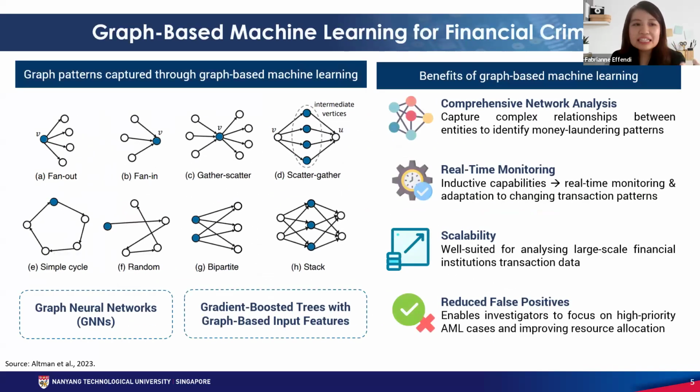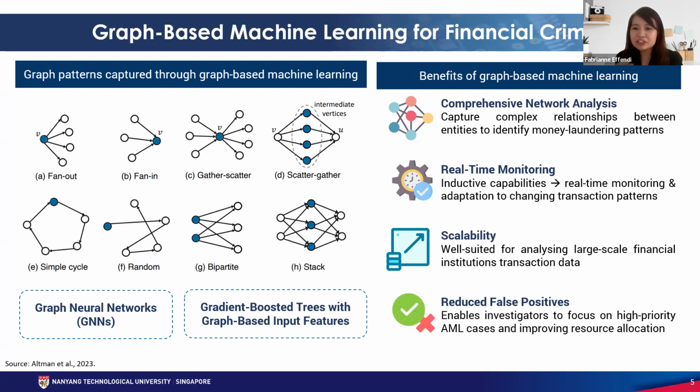In combating these challenges, graph-based machine learning emerged as a powerful tool. Graph-based machine learning, such as graph neural networks and gradient-boosted trees with graph-based input features, are able to effectively capture these graph patterns.